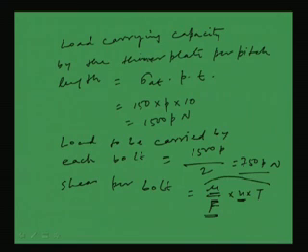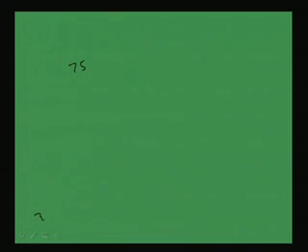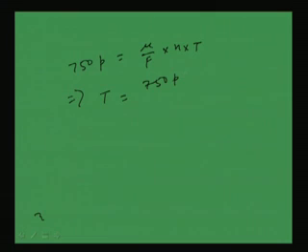To make an optimum design, these two will become equal, that means 750 P equals mu by F into N into T. From this I can find the proof load T equal to 750 into P into F by mu into N.